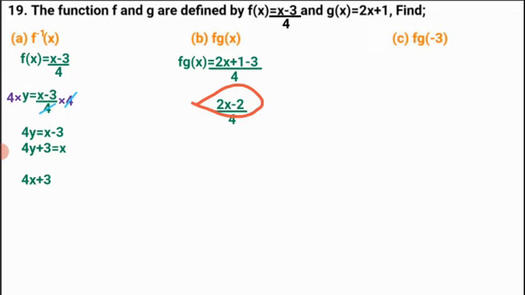In other ways you can also do this. You can find a number that can go into 2x, negative 2 and 4, then divide those numbers by the same number you have found.